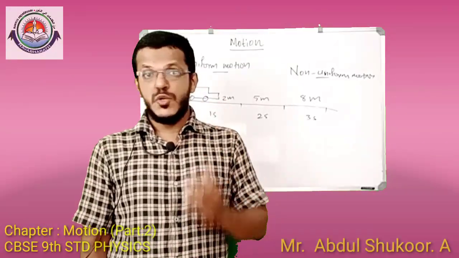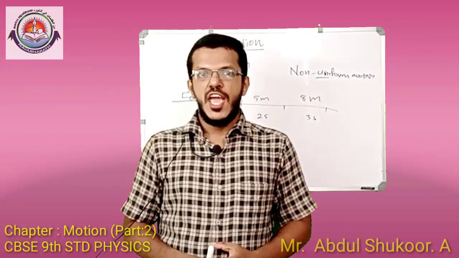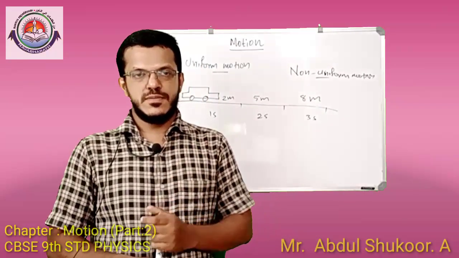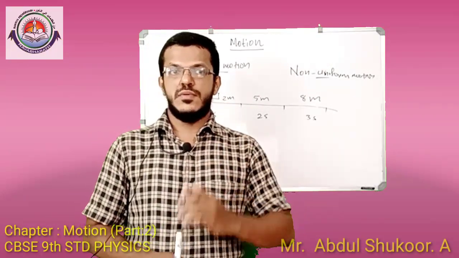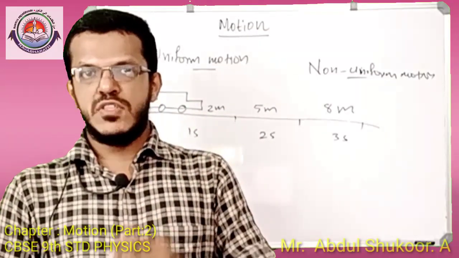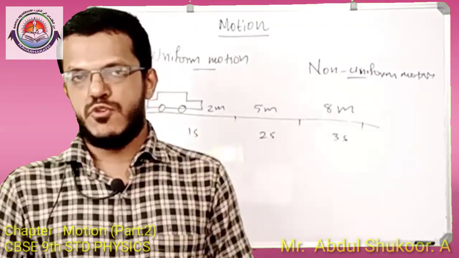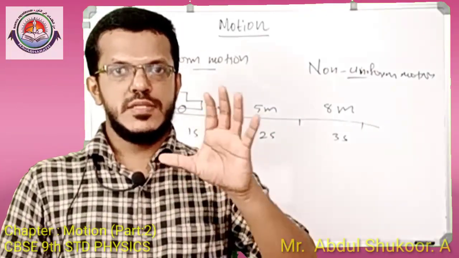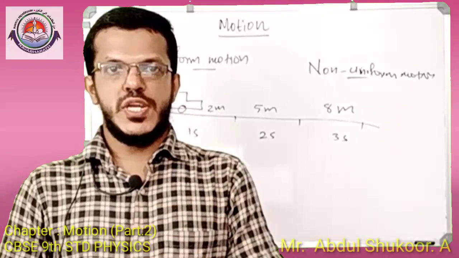Okay students, what do you understand about uniform motion and non-uniform motion through those videos? I hope you understood. Next, I am going to display a table regarding uniform motion and non-uniform motion.